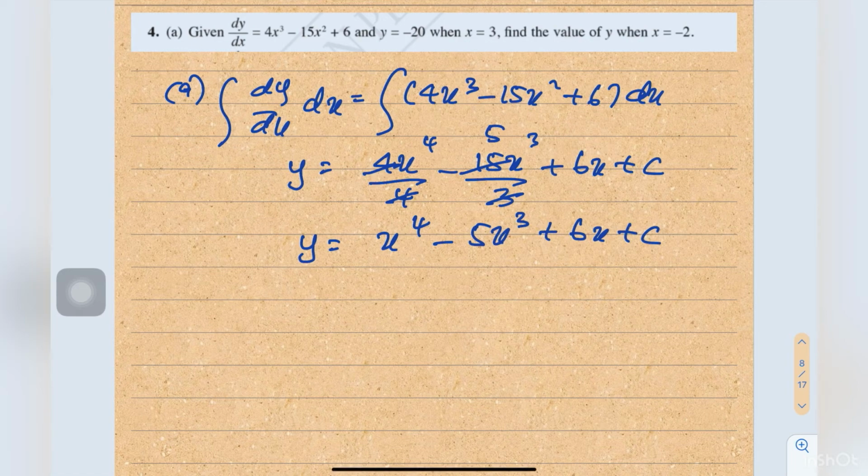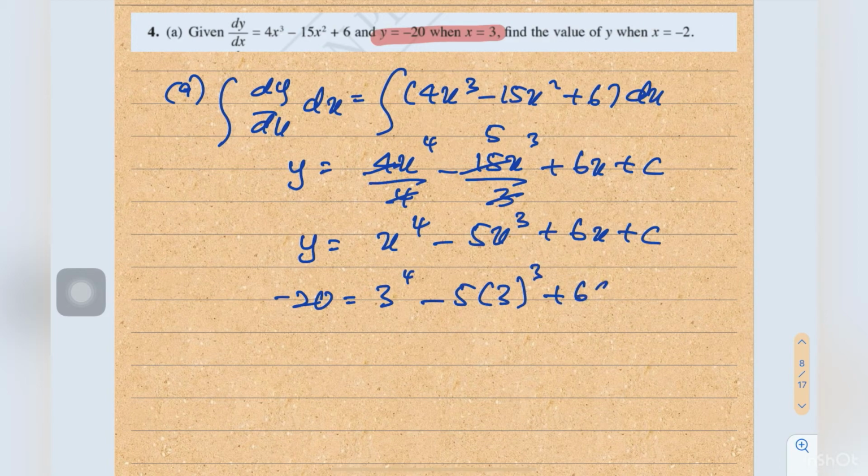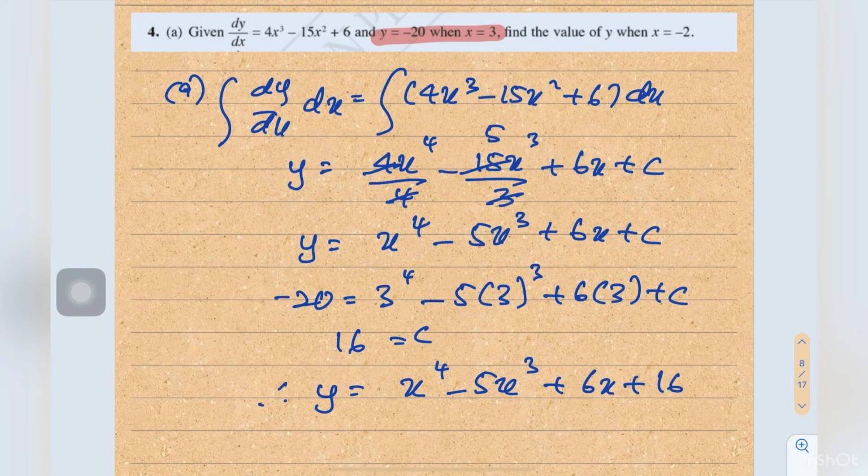To find c, we need to use the information given from the question. y is negative 20 and x is 3. 3 to the power of 4 minus 5 times 3 to the power of 3 plus 6 times 3 plus c. And we get c equals 16. Therefore the equation of the curve is x to the power of 4 minus 5x cubed plus 6x plus 16.